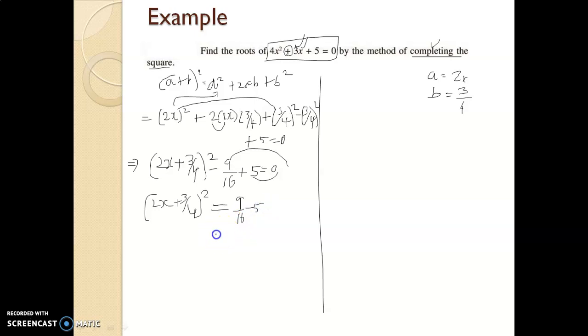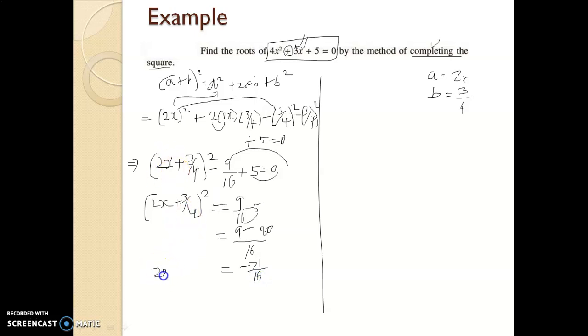Now simplify the right hand side. 9 minus 5, if we make a cross multiplication, 16 fives are 80, so 9 minus 80 divided by 16, equal to minus 71 by 16. What about the left hand side?